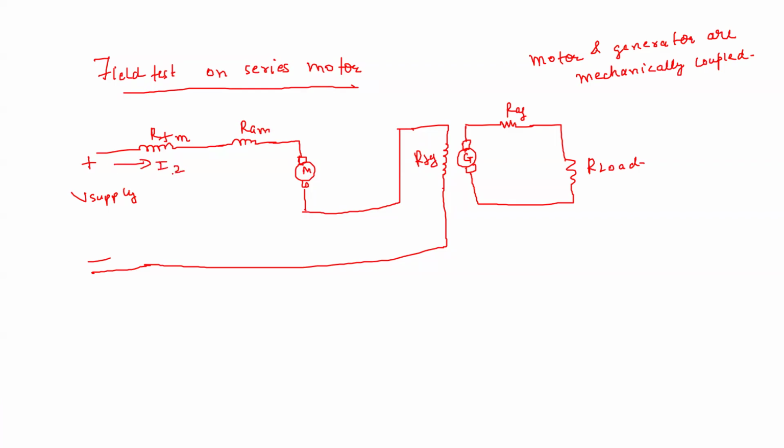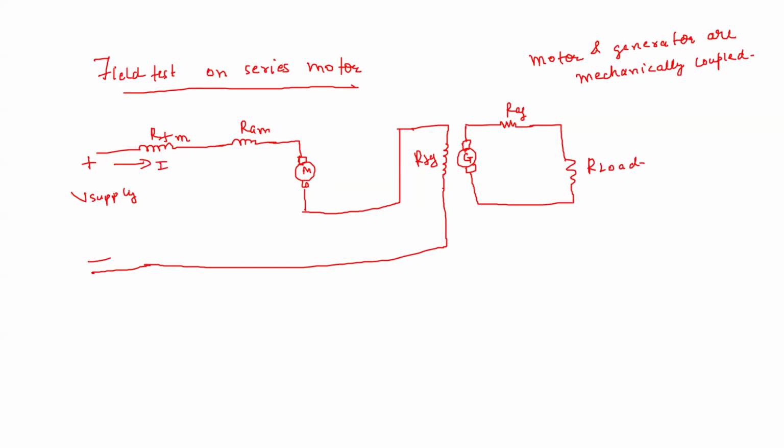Let us suppose this current is I. Because you are supplying the motor, it is drawing the current I, so the motor will start rotating. Another thing to note is that because this is a DC series motor, you cannot start it with no load. We have discussed that you cannot start a DC series motor with no load. The load for this DC series motor is the generator. We are not starting this motor without any load, so the generator is the load.